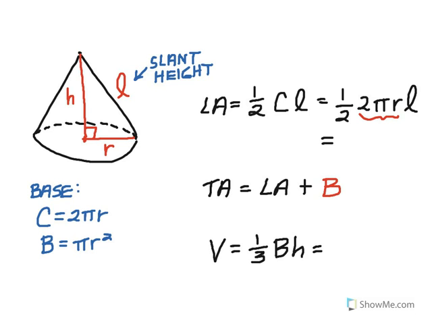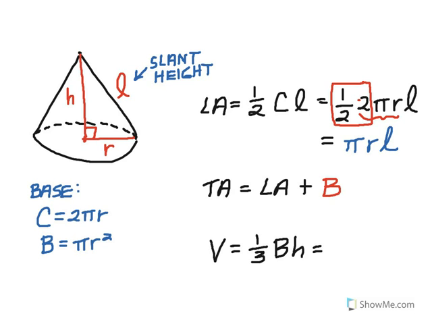So 1/2 of 2 pi r, well, when you multiply together the 1/2 and the 2, that's just a 1. So we end up with the lateral area being equal to pi times the radius times the slant height. The total area then is the lateral area plus the area of one base, so plus pi r squared.